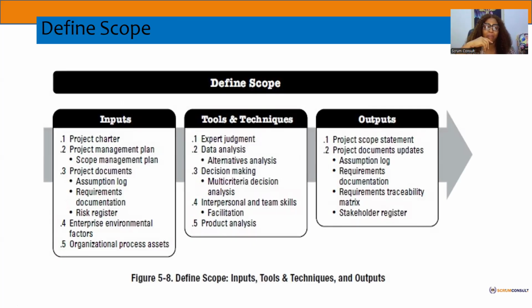You bring it in as a primary input, your risk register. Why do you need your risk register here? Project managers, why is risk register an input for us to define scope or sort scope? Why?